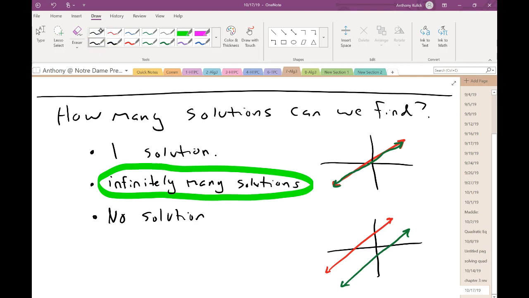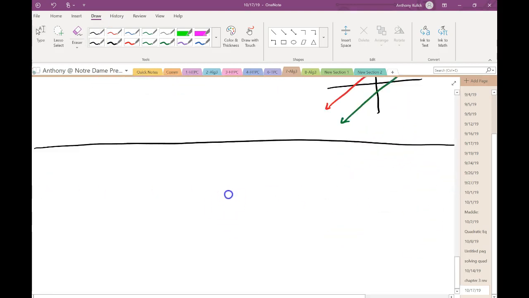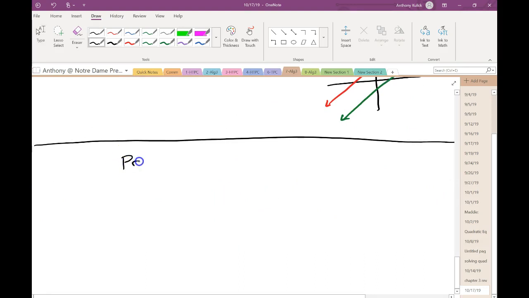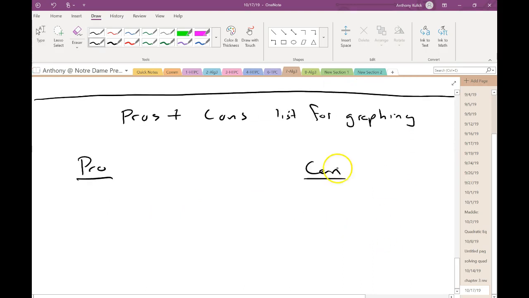So we've already discussed one con to graphing. Let's make a pros and cons list for graphing. So some pros, well, it's easy, right?